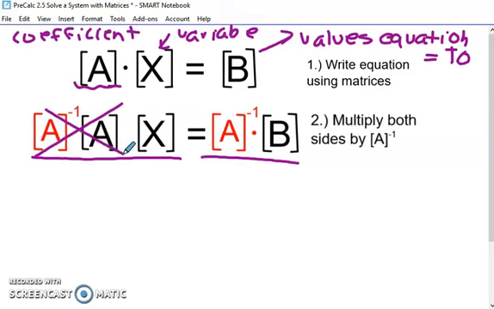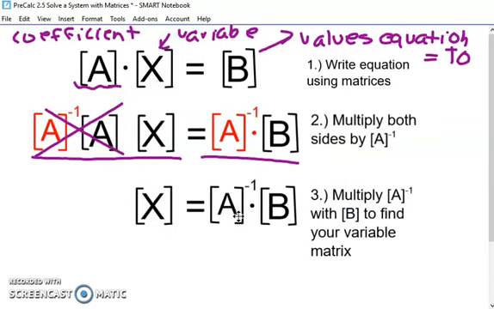So the answer matrix you get by multiplying A to the -1 times B. Those are the directions: we start out by writing the matrix equation, multiplying both sides by the inverse, and then you get your solutions.